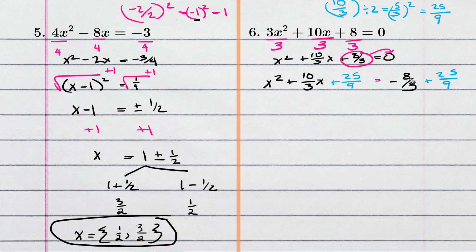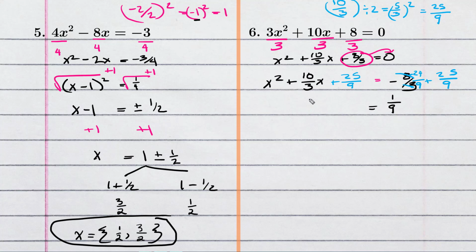And so when we add these, I need to convert this into the common denominator. So it becomes negative 24/9, because I multiplied both of those by 3. And so on my right-hand side, I have a 1/9.